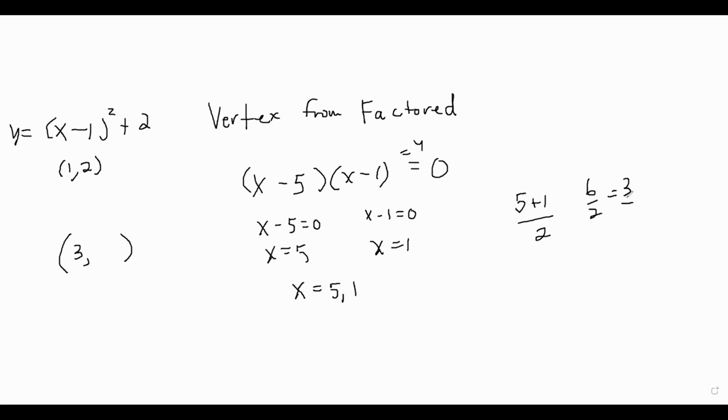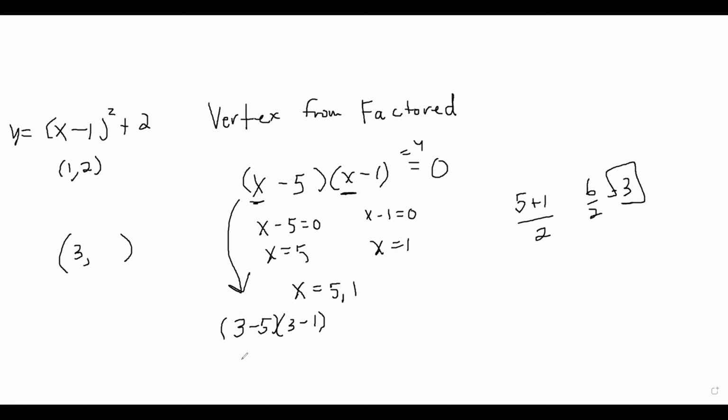So we're going to plug this number 3 into wherever x is. So x is right here and right there: x minus 5, x minus 1. So we're going to do 3 minus 5 times 3 minus 1.